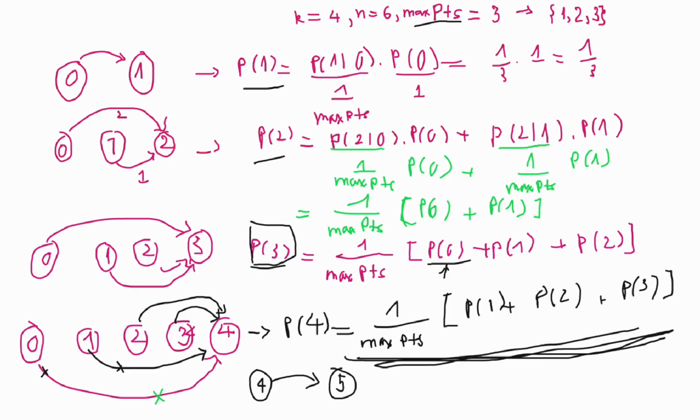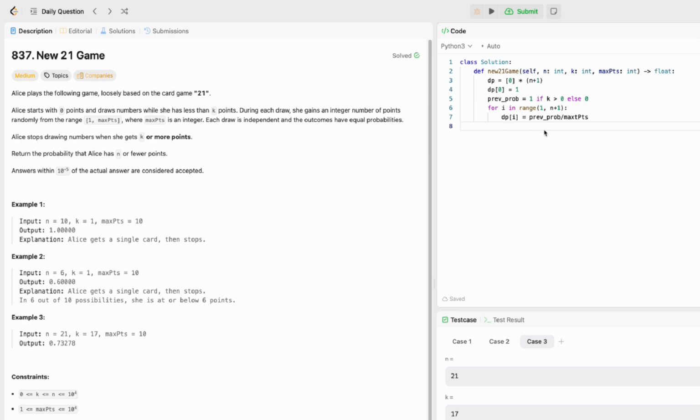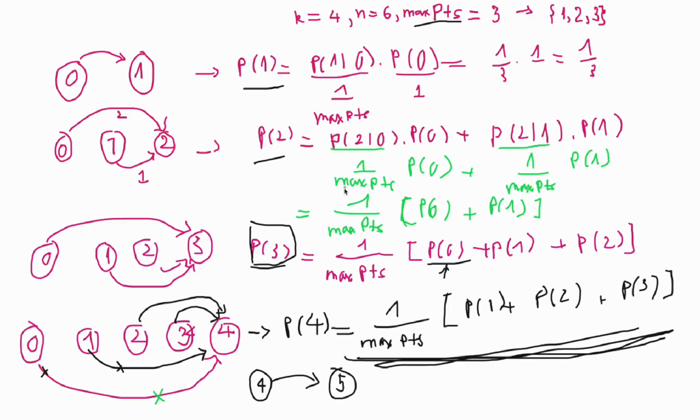We have the P3. Okay, so in here, if i is smaller than k, it means that we can perform the future step by drawing a new number. So this is the transition, where we want to get the probability transition from here to here, right?